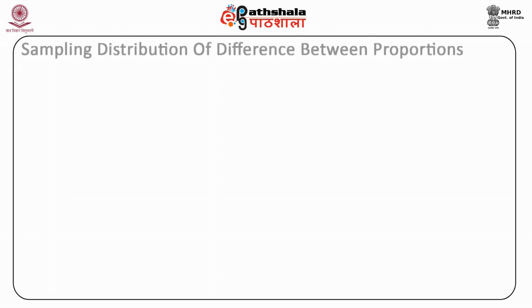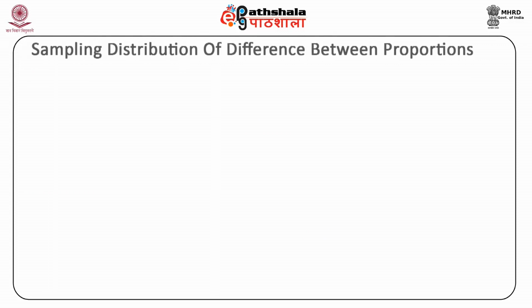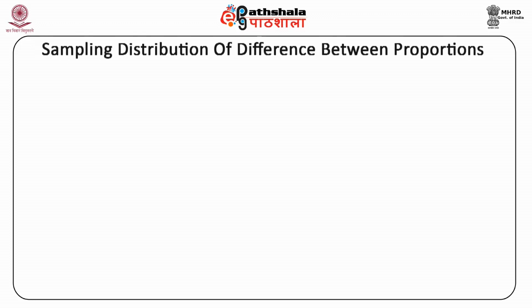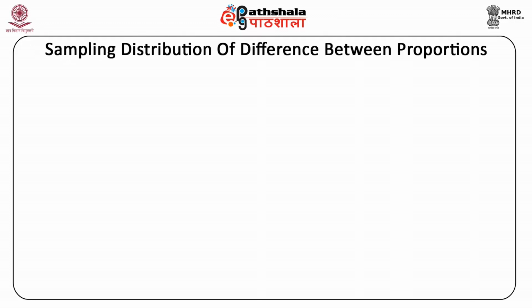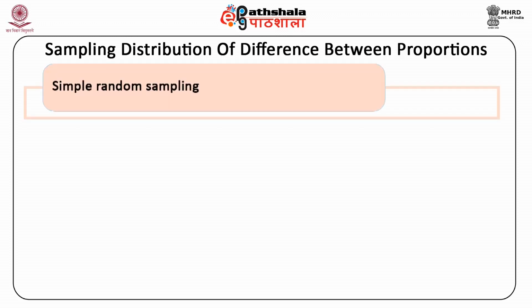Further, we will discuss the assumptions of the sampling distribution of difference between proportions. It is based on the following assumptions. First, the sampling method for each population is simple random sampling.